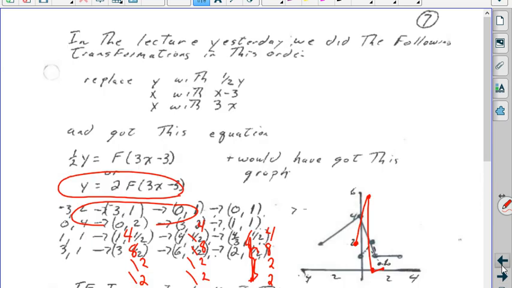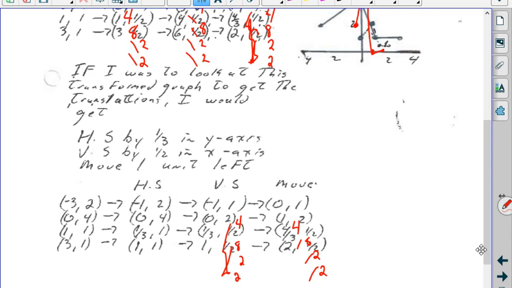So here's the equation that I would get with this: y is equal to 2f of, I'm so used to having my fingers erasing. That's the equation that I would get. Vertical stretch by 2, horizontal by 1/3, 1 move.